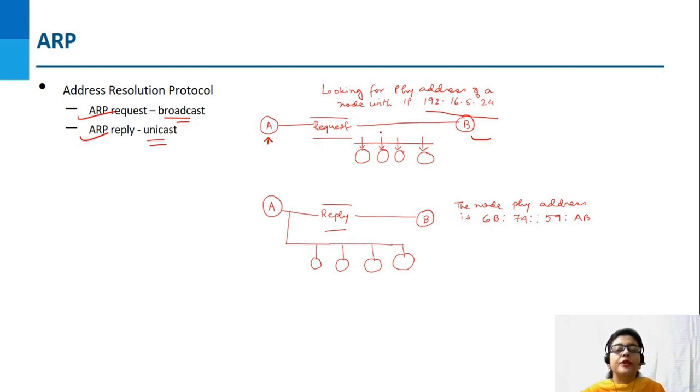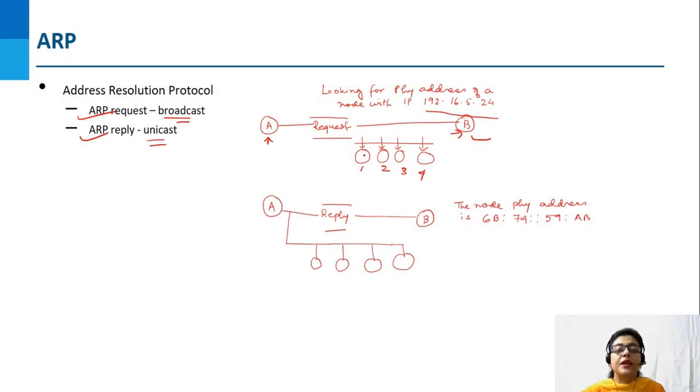So this ARP request is broadcast, so it will be received by all the devices, let's say 1, 2, 3, 4 and so on, and it will also be received by this device B since it is broadcast.